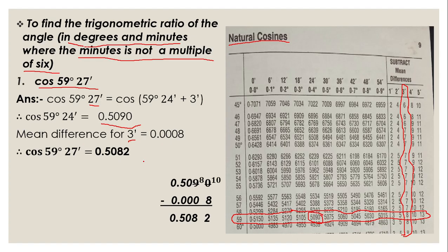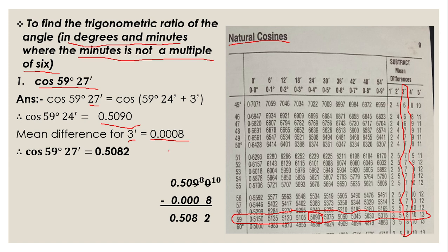For example, if the mean difference for 3 was 16, then the mean difference for 3 minutes would be 0.0016. We have to put the number which we find in the class table to correct to 4 decimal places. So the mean difference for 3 minutes is 0.0008.